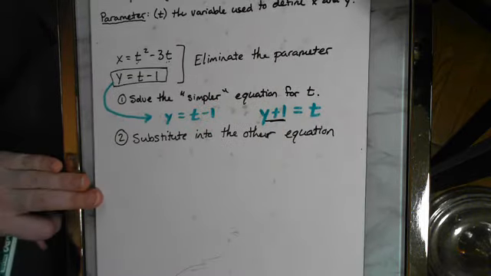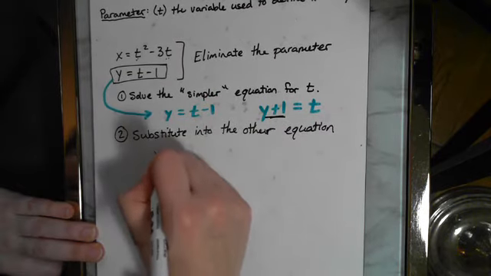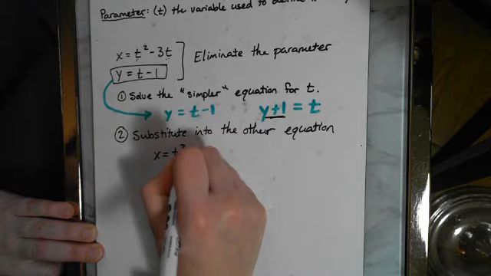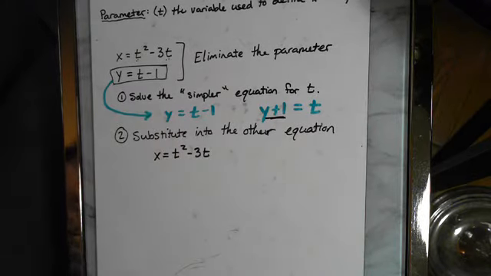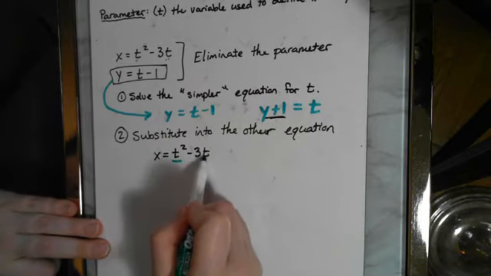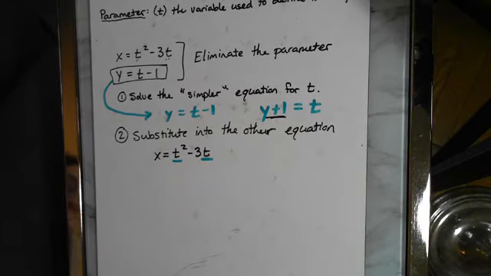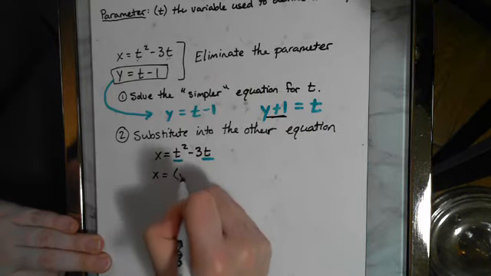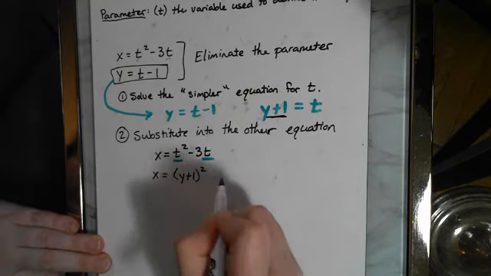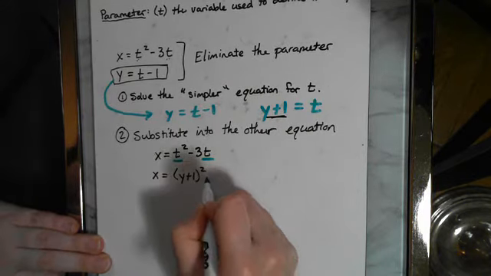Okay? So in that equation, I have x equals t squared minus 3t. So I'm going to take this y plus 1 and put it in for this t and this t. So that becomes x equals (y plus 1) squared minus 3 times (y plus 1).